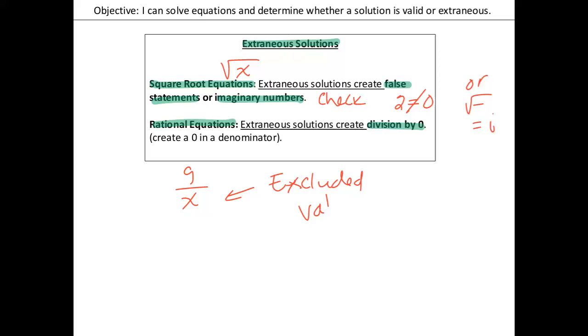In this case, x cannot equal 0 because we cannot divide by 0. Those are the two different ways that we could get extraneous solutions. If we have square roots and we check it, we get something that's false or imaginary. The other way is if we have rational equations, dividing by variables in the denominator, and then you check excluded values.